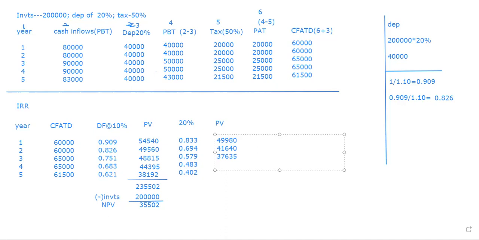When I multiplied it, I got 31,395. Then one more figure, the last one, which is 61,500 into 0.402, which is equal to 24,723. So now I got this figure.